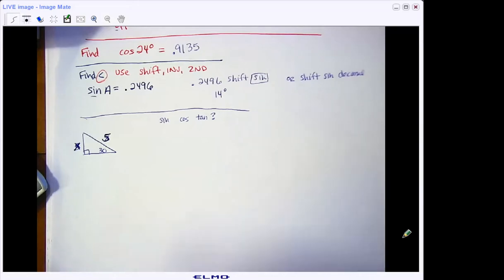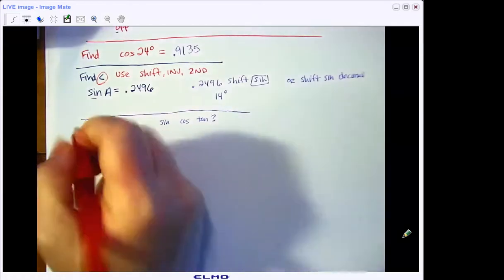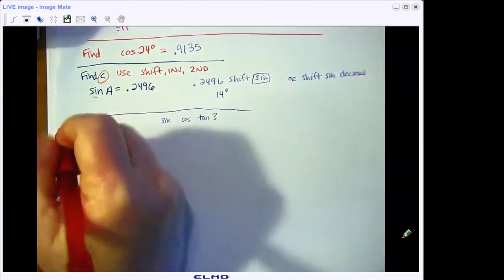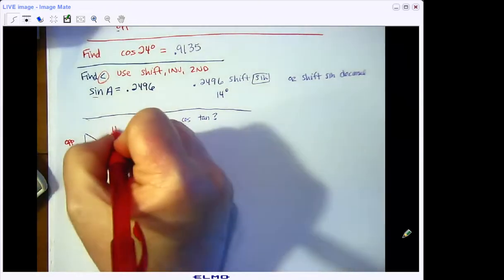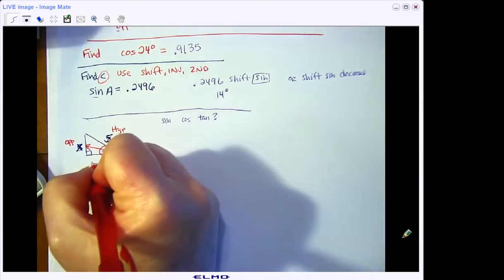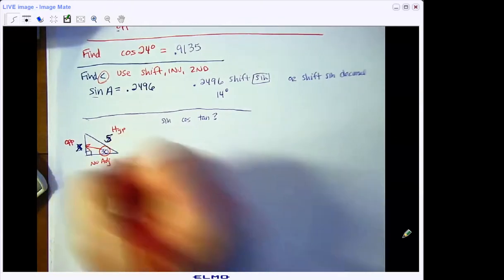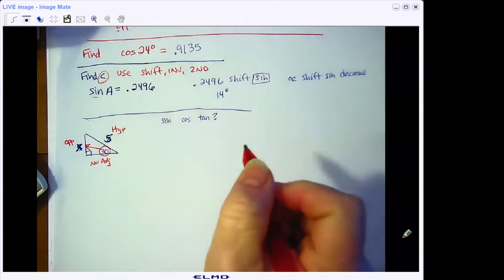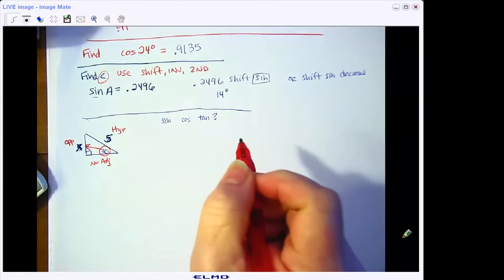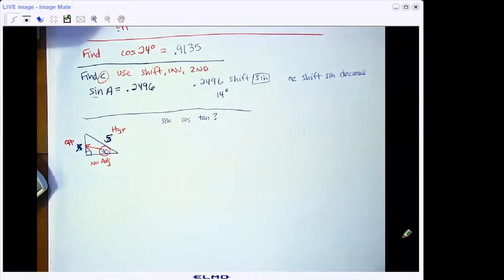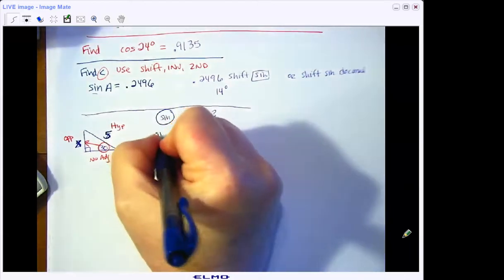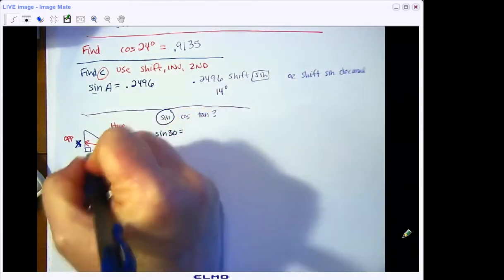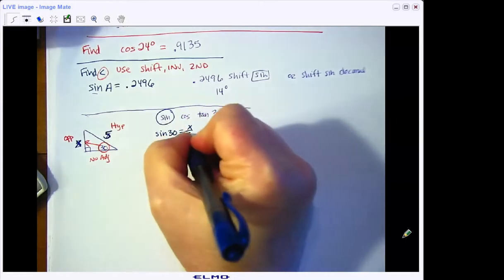So circling my angle, there's my opposite, and there's my hypotenuse. I have no adjacent. Okay, so this is going to give me sine. I'm going to be using sine. So the sine of my angle, 30, is equal to x over 5.